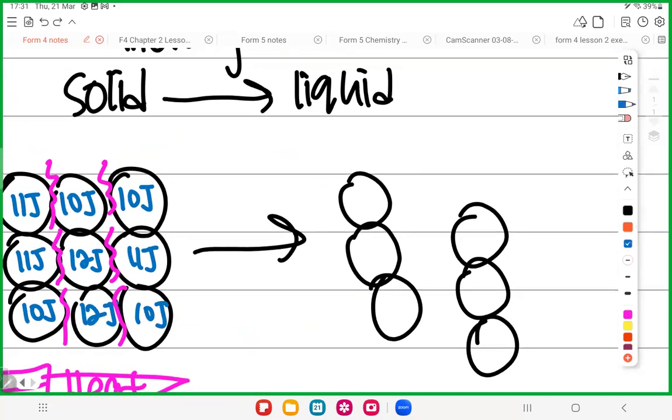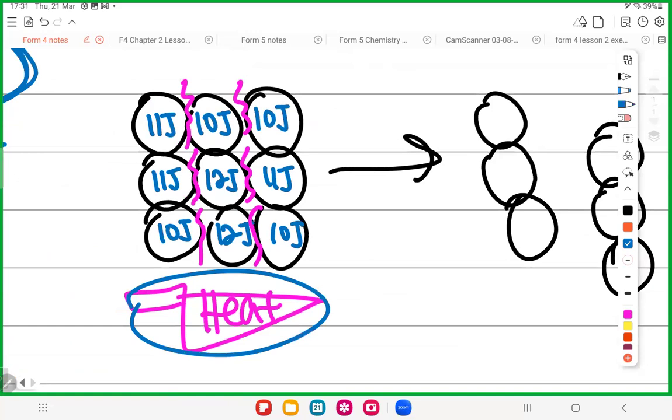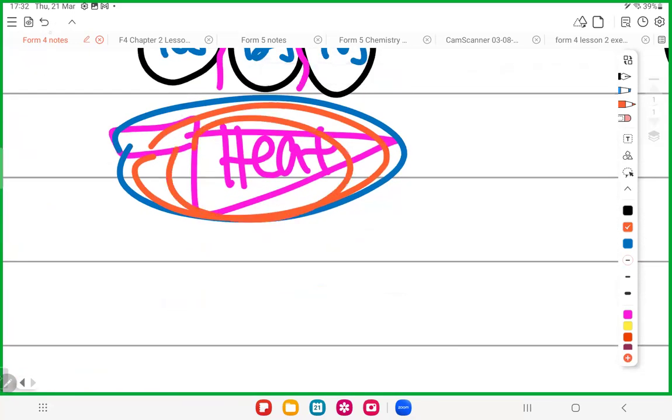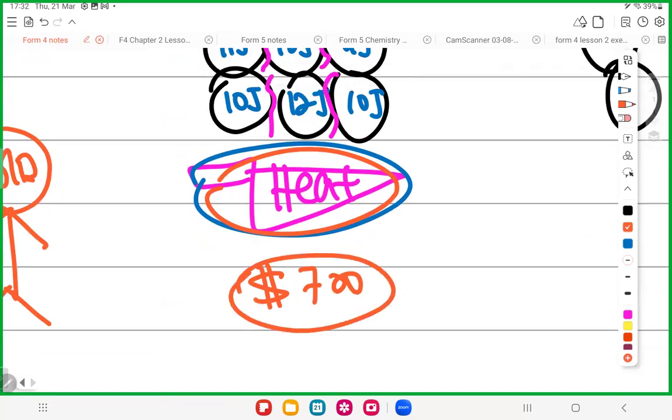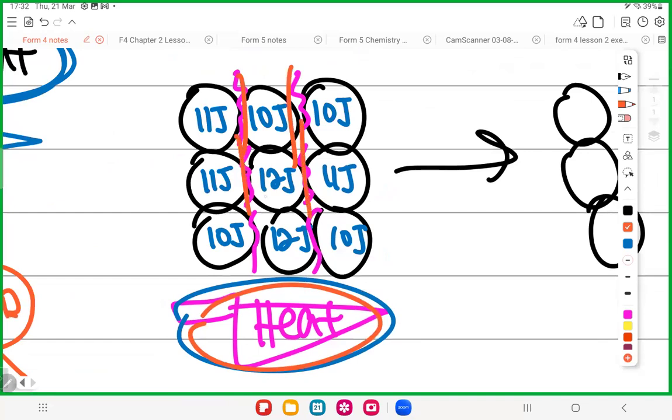So now, after I use the heat to cut all this, do you still have any heat? No, no more. All the heat that we have, we use already. Just like, imagine this heat is money. I got $700. This $700, I use it to cut.